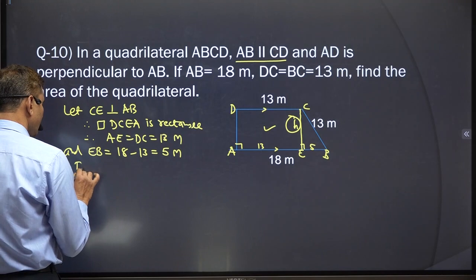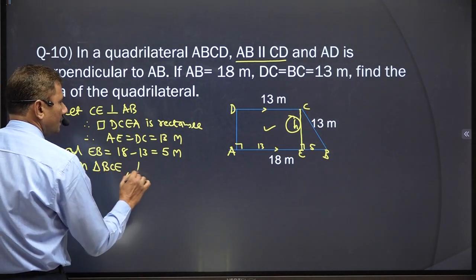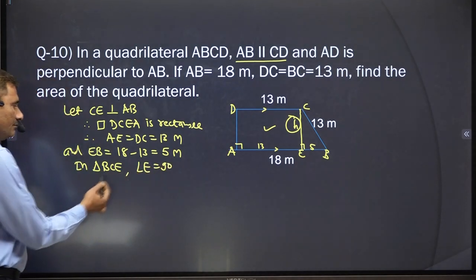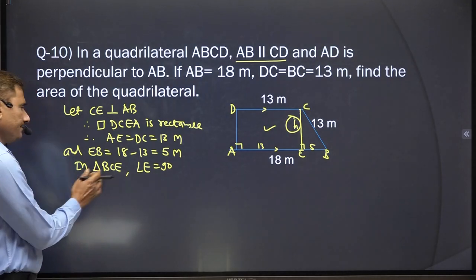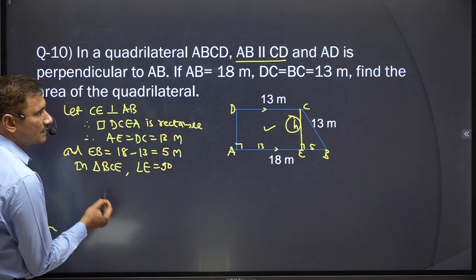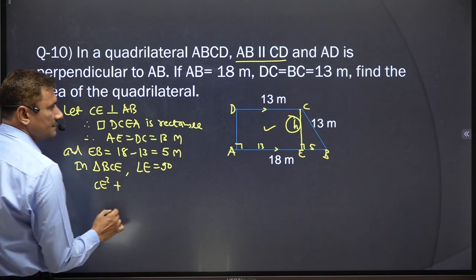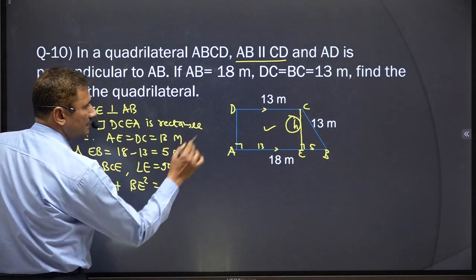So in triangle BCE, angle E equal to 90. You have to clarify every time before using Pythagoras theorem: in which triangle, where is the right angle? So I have written it. So now I can say CE square plus EB square equal to BC square.